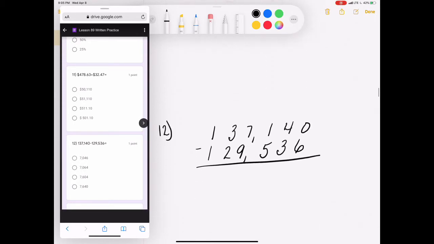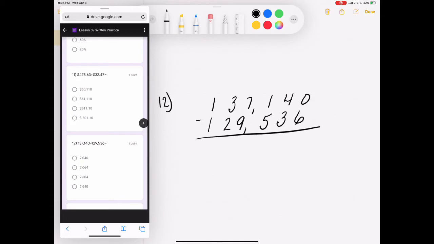Number 12, 137,140 minus 129,536. Cannot take 6 out of nothing. 4 becomes a 3. 0 becomes 10. 10 minus 6 is 4. 3 minus 3 is 0.